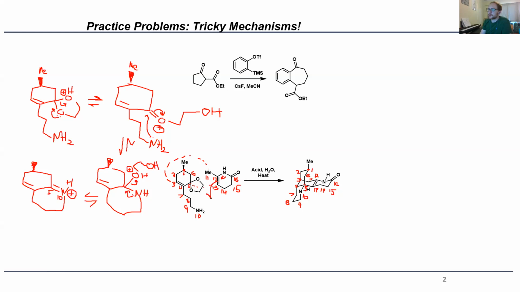And so if you think about this, this exists as an equilibrium structure with this, and now this can be attacked by water, in a reversible fashion.